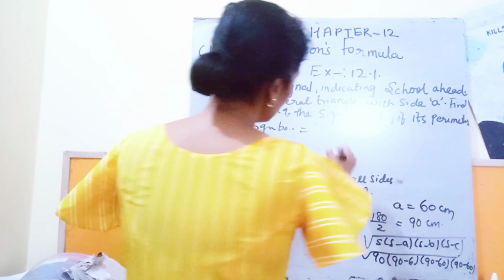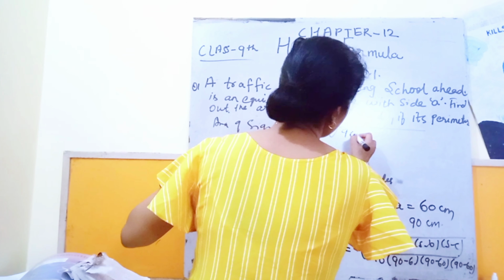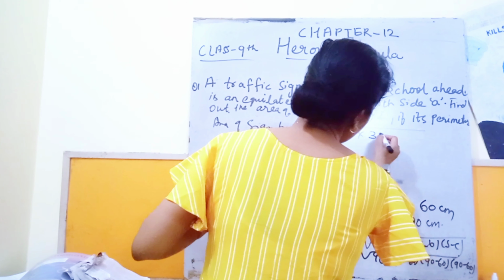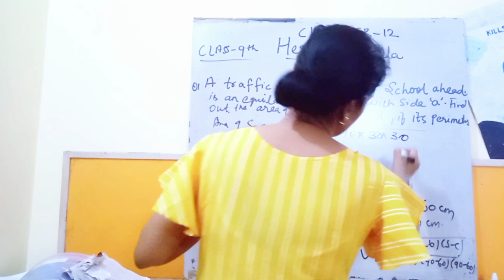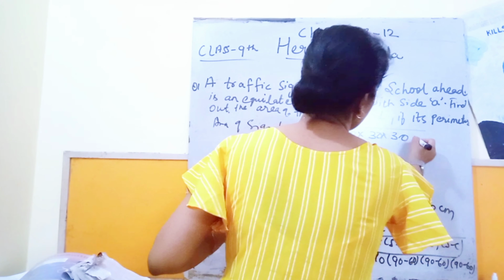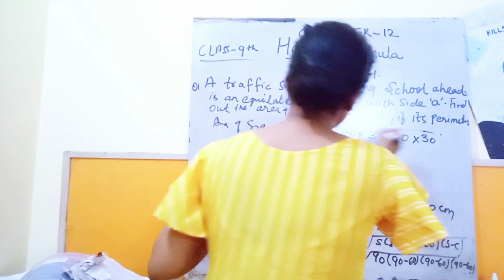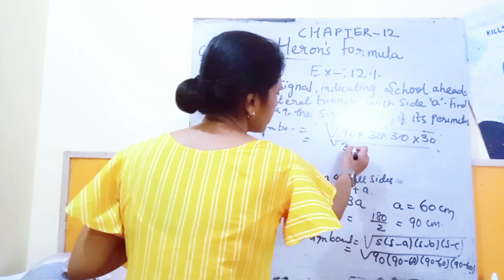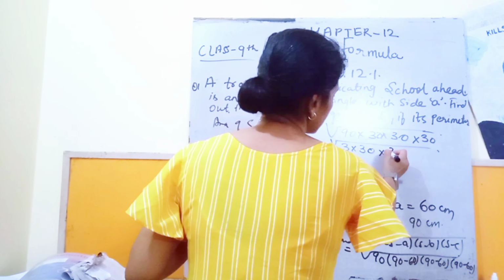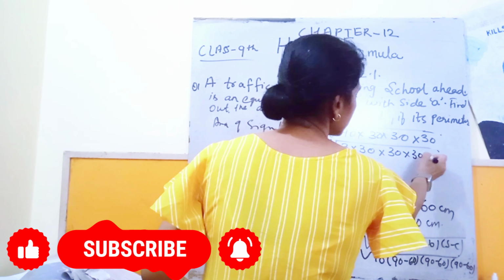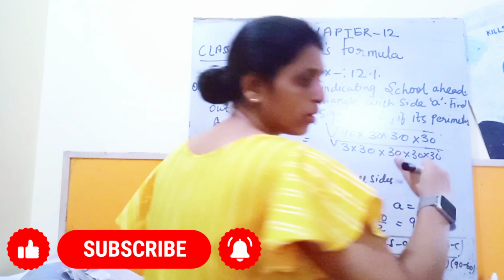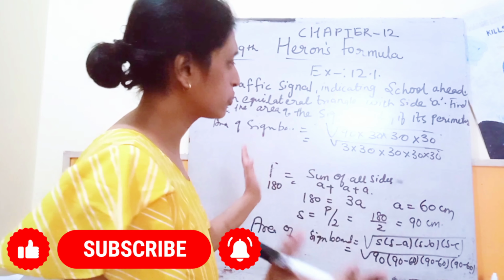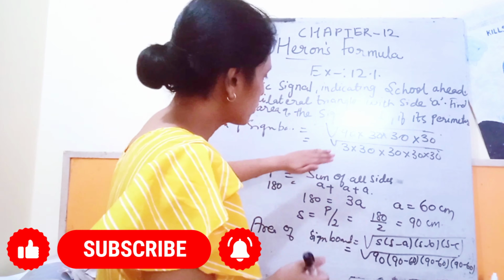So it is 90 into 90 minus 60, which is 30, into 30 into 30. 90 can be written as 3 into 30, so 30 into 30 into 30. Don't break it into smaller numbers, otherwise the solution will become bigger. Here only we can pair up.